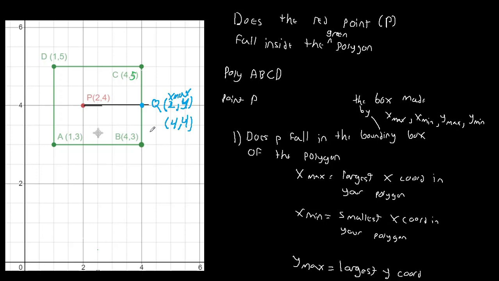So now basically what we have to do is figure out how many lines, let's write this in white, we have to answer the question: how many lines does PQ intersect?